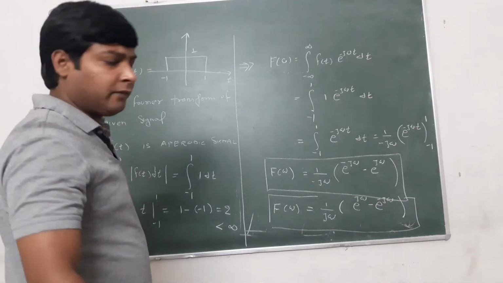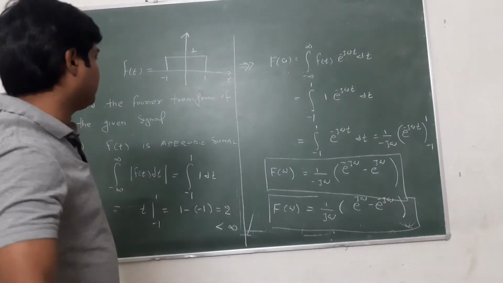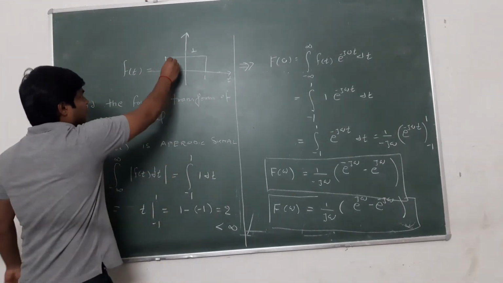So this is the valid Fourier transform of the given signal. The area is finite.